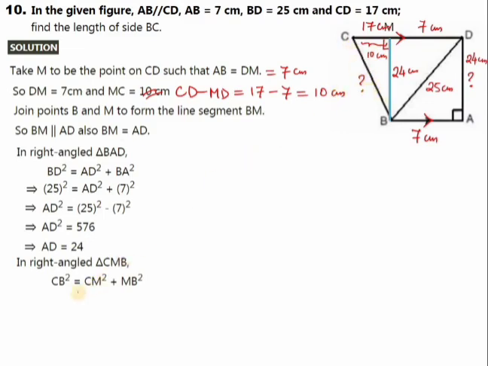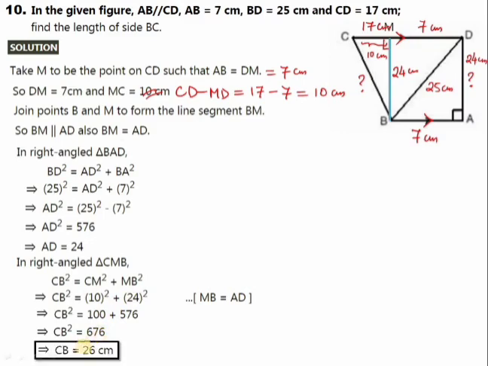So hypotenuse square equals perpendicular square plus base square. What is CM? It is 10 centimeter, and MB, just now we showed this to be 24. So we have 10 square plus 24 square. Simplify this, you get 676, and when you find the square root, you get CB equals 26 centimeter.